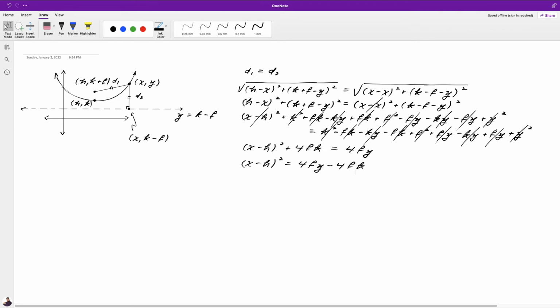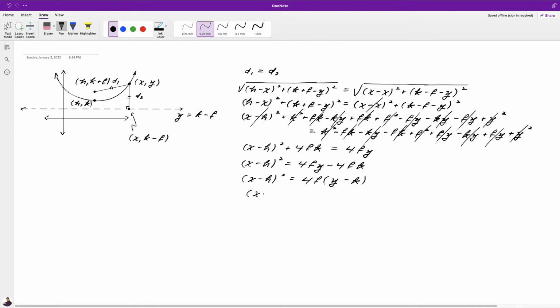And that's the same thing as x minus h all squared is equal to, well, we can take a 4f out, and that's going to give us y minus k here, isn't it? Let's now divide both sides by 4f.